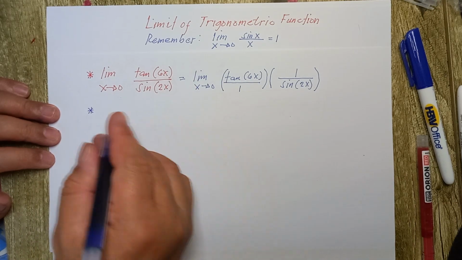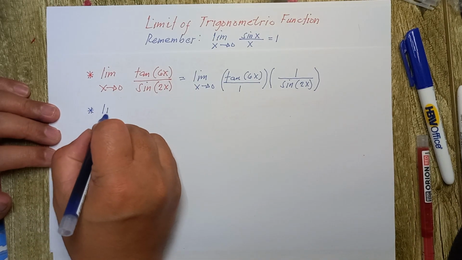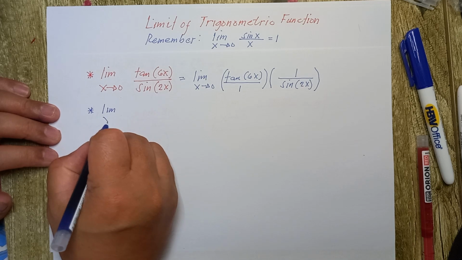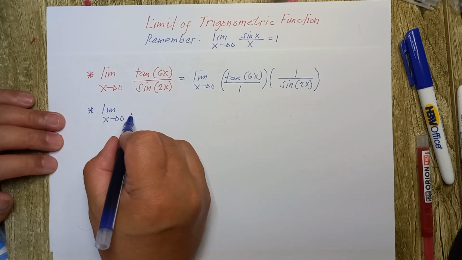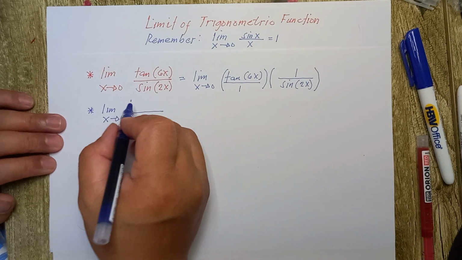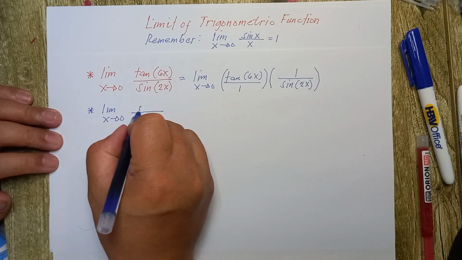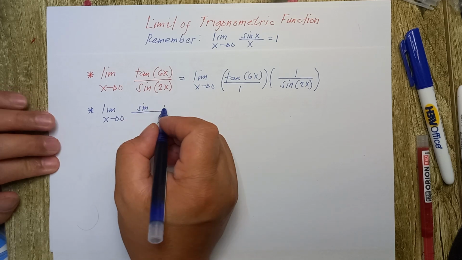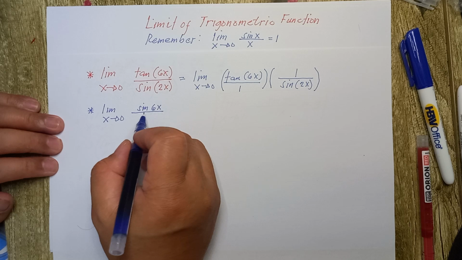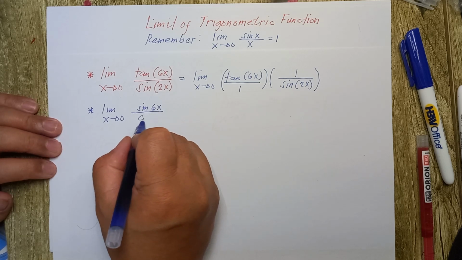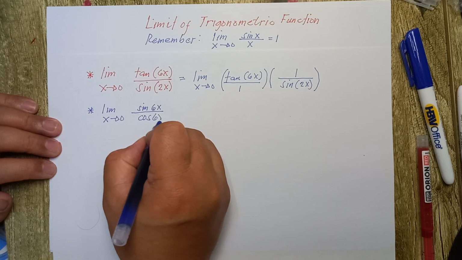Saying the limit as your x is approaching 0, this one can be written as sine 6x over cosine 6x.